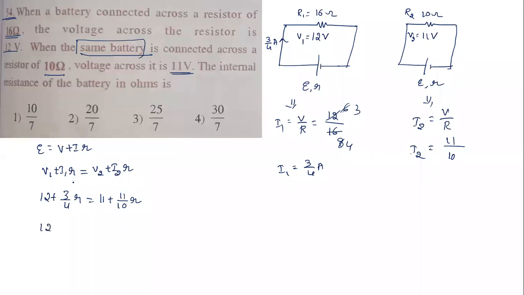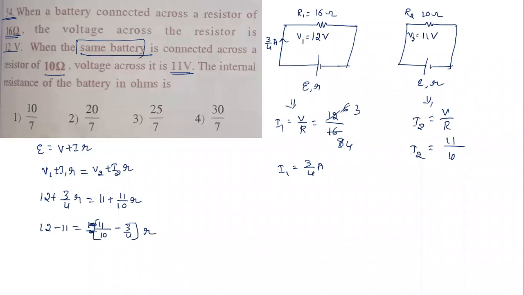So 12 and this 11 I'm going to take this side. It will become 12 minus 11 is equal to 11 by 10 minus 3 by 4 times R, because I took R outside.